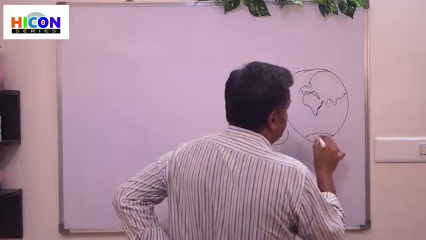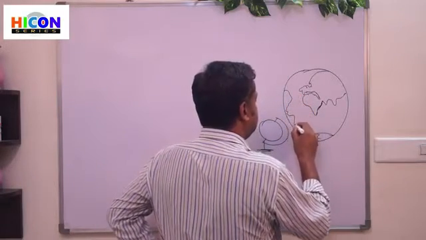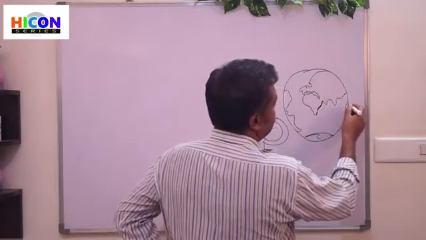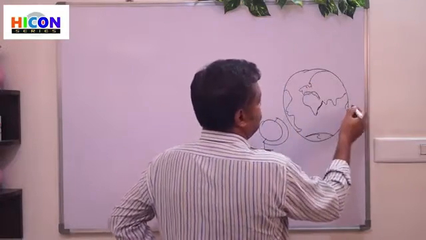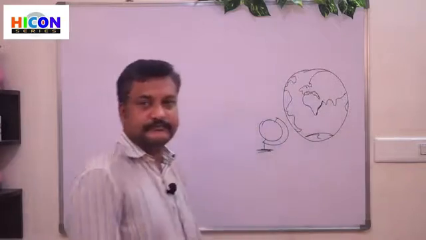This is Antarctica, and here we will have a small portion of Australia and the Greenland island.